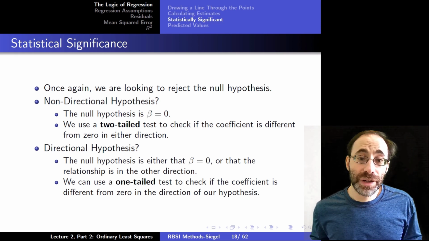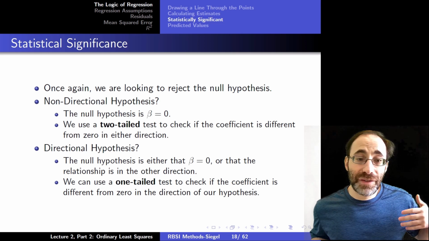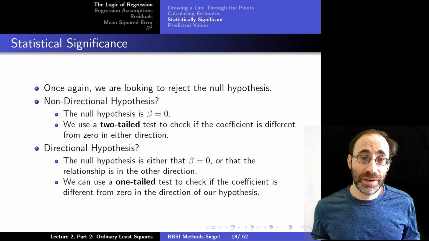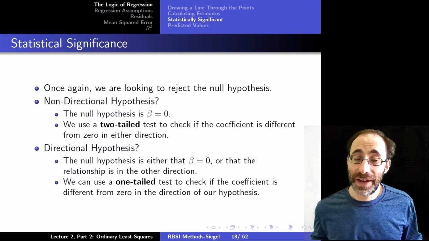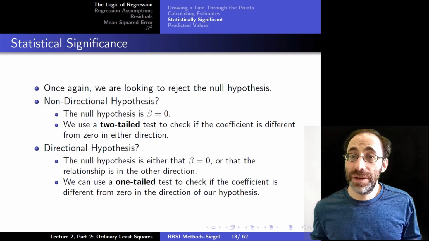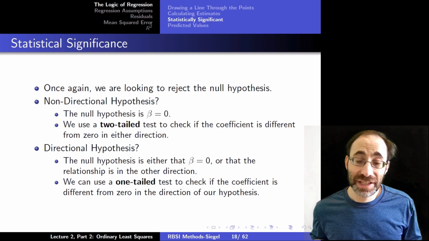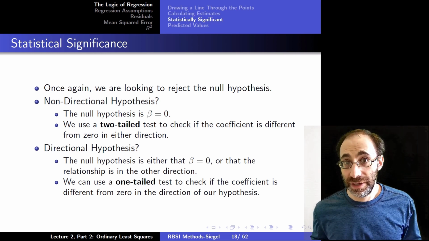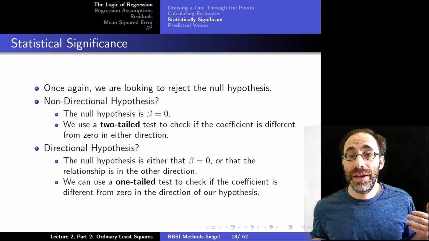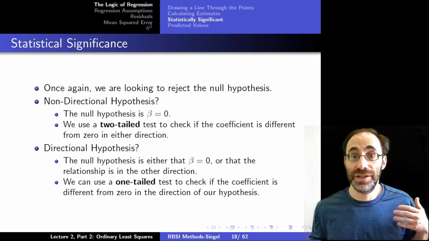Okay, so once again, we're going to try to reject the null hypothesis. If we have a non-directional hypothesis, we just say x and y are related in some fashion. As you change x, y changes. Then the null is that there's no change, they're unrelated. So the null hypothesis is that beta equals 0. The null here is that as you change x, you get no change in y.